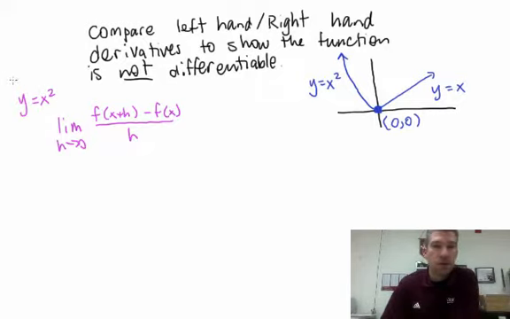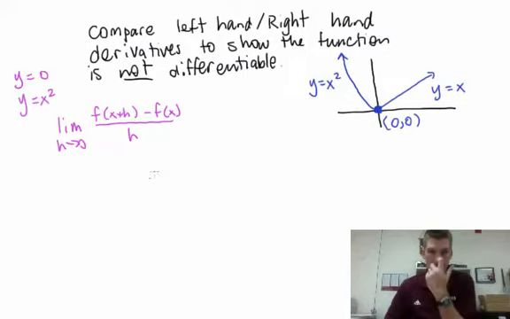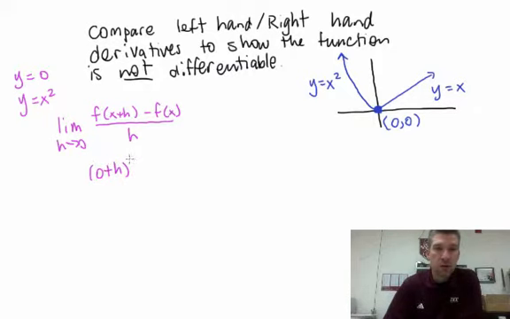And when you put 0, 0 in, the point you're going to get is 0. So here we go. F of x plus h, in this case, x is equal to 0. So we're going to have 0 plus h squared minus 0 over h. And we're going to look at this limit as h approaches 0. Clean this guy up a little bit.